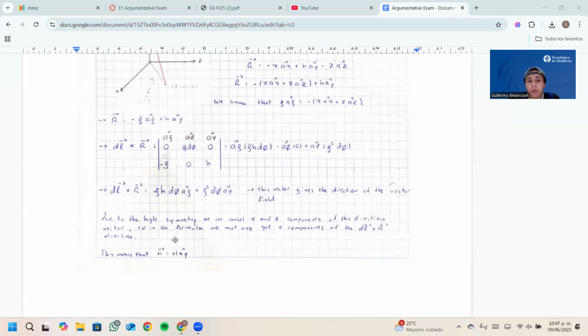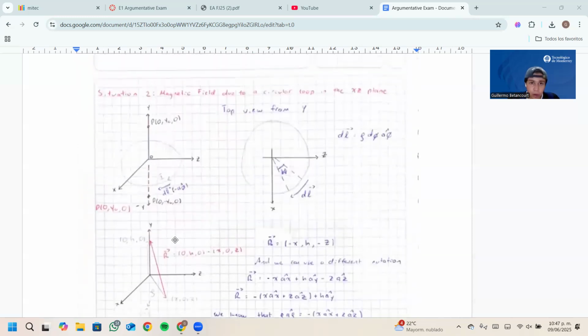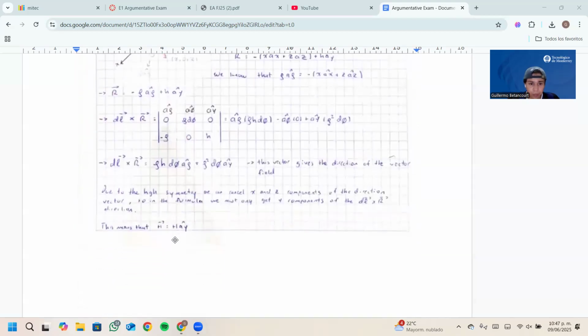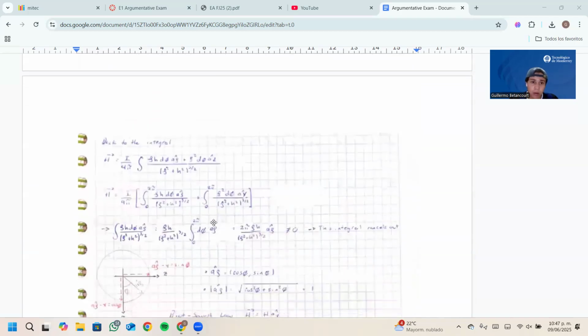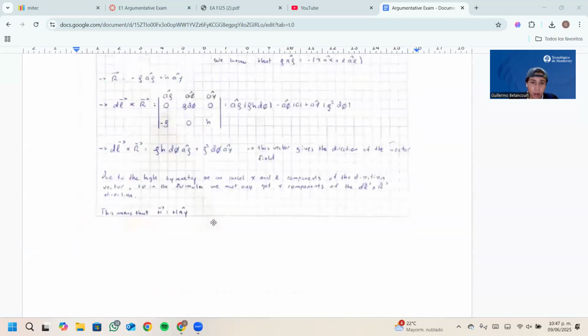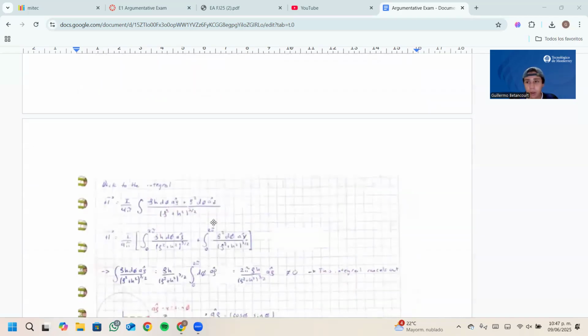So in the formula, we must only get y components of the dl cross product with r direction. And this means that in the Biot-Savart law, the H is only going to have components in the y direction. So back to this integral, we have to substitute dl cross product with r.